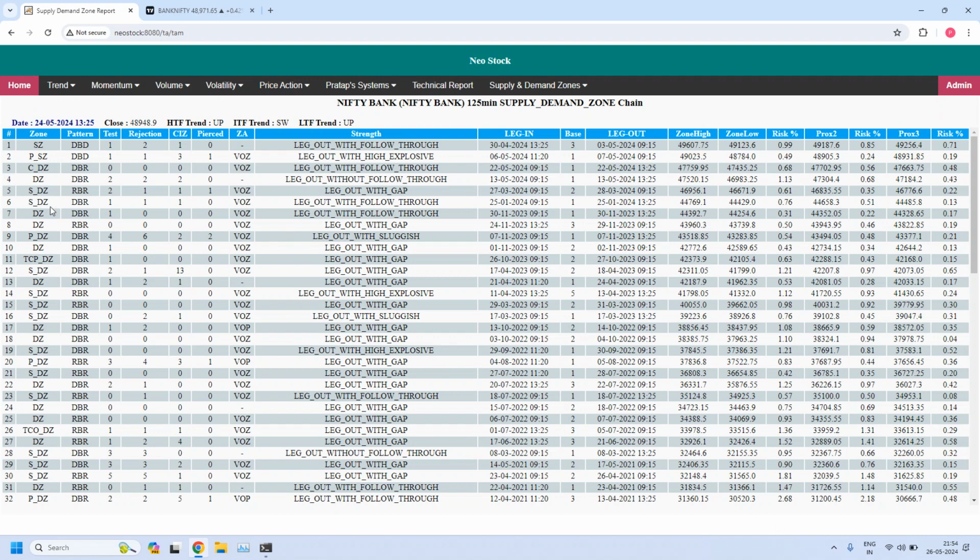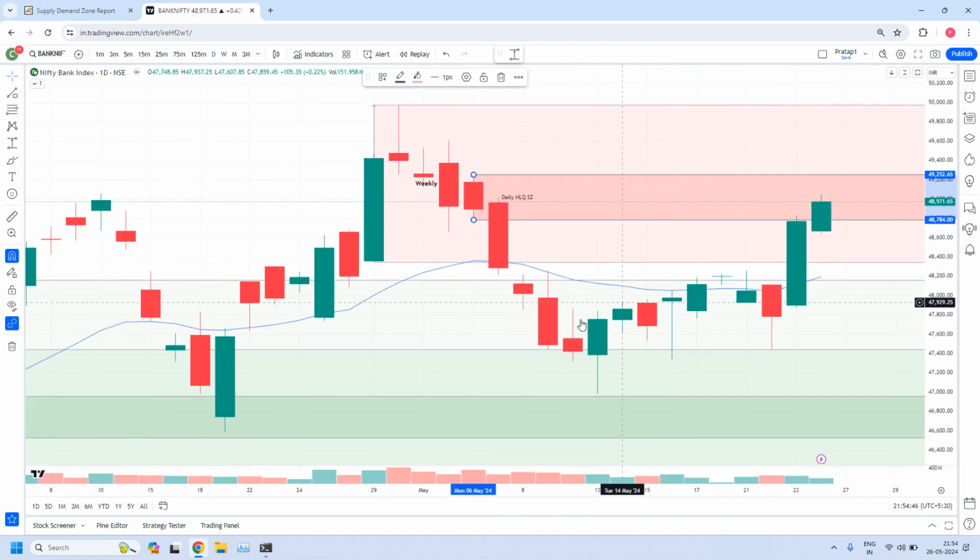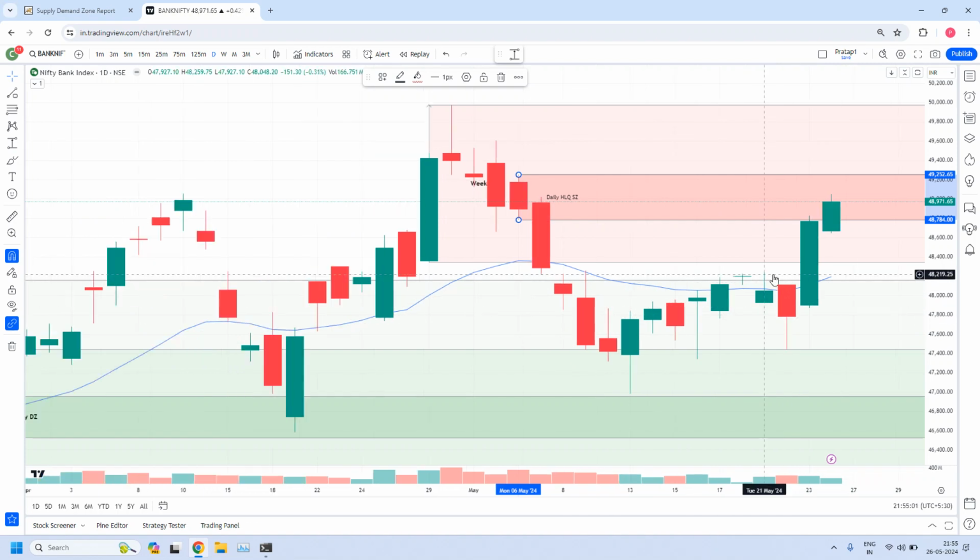So in 125 minutes time frame, we have immediately one high liquidity supply zone available. It was created on 22nd May 9:15. This is 22nd May 9:15.